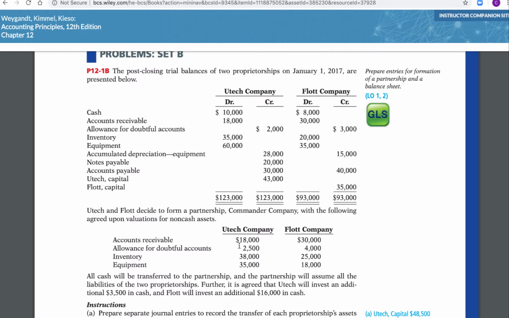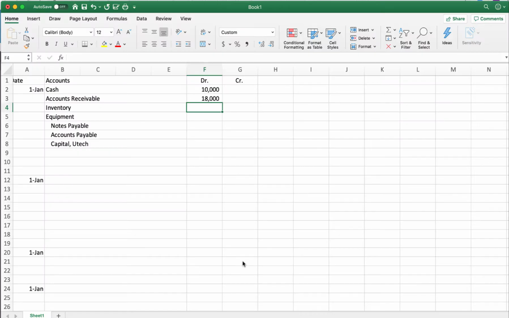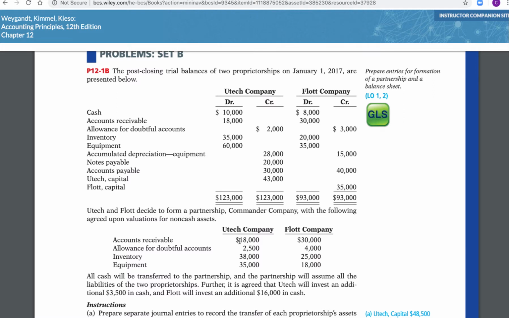Same thing with inventory. The inventory is currently valued at 38,000, so that's the number I have to use. Previously, UTech had it on their books at $35,000. In the past, they bought inventory and paid 35 grand for it.